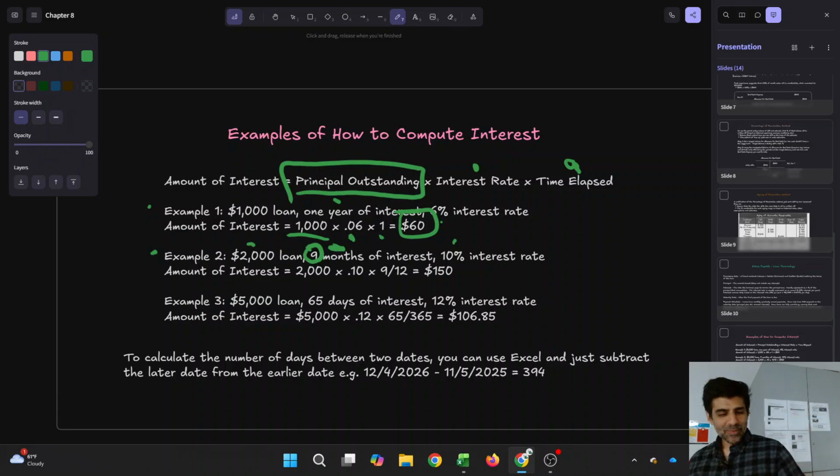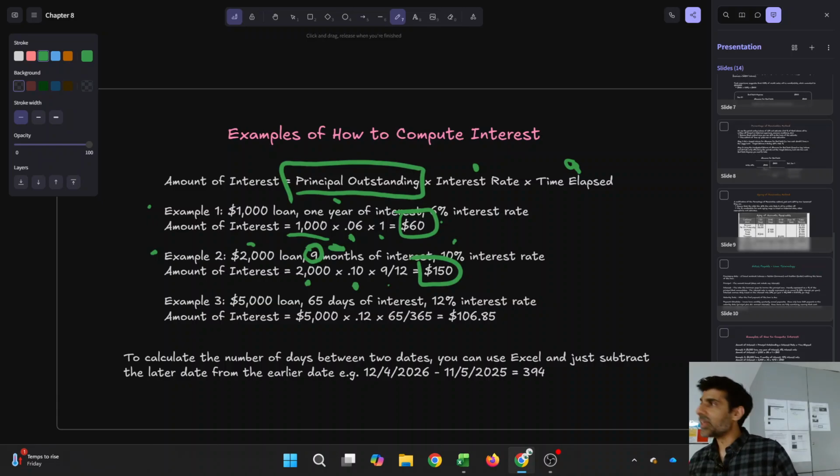It shouldn't be. Principal amount times the rate times, and again, this is a yearly rate, so you need the fraction of a year. So 9 months over 12 gives you 3/4, right? So you're only going to calculate interest for 3/4 of a year, and you get $150.